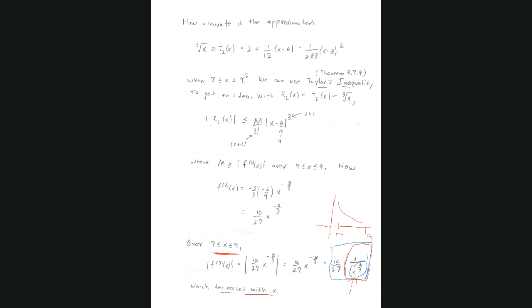What value are we going to put in for x, the 7 or the 9? What value makes the absolute value of the third derivative the largest? The 7 or the 9?